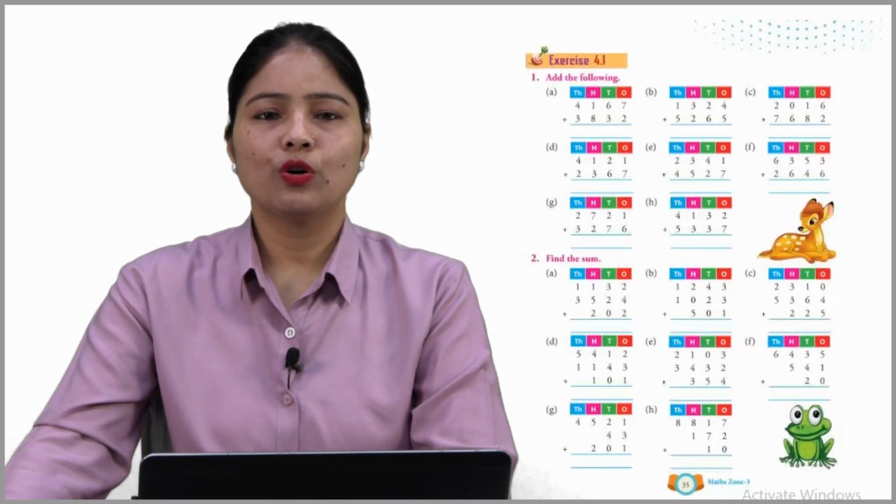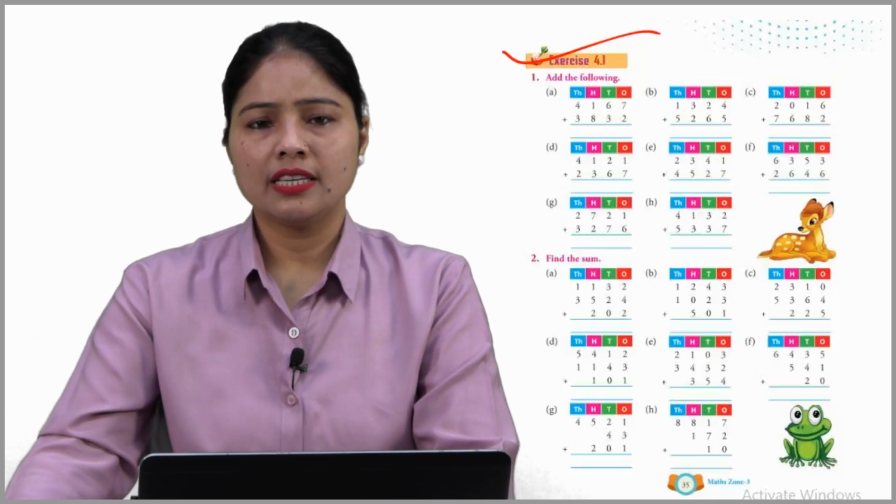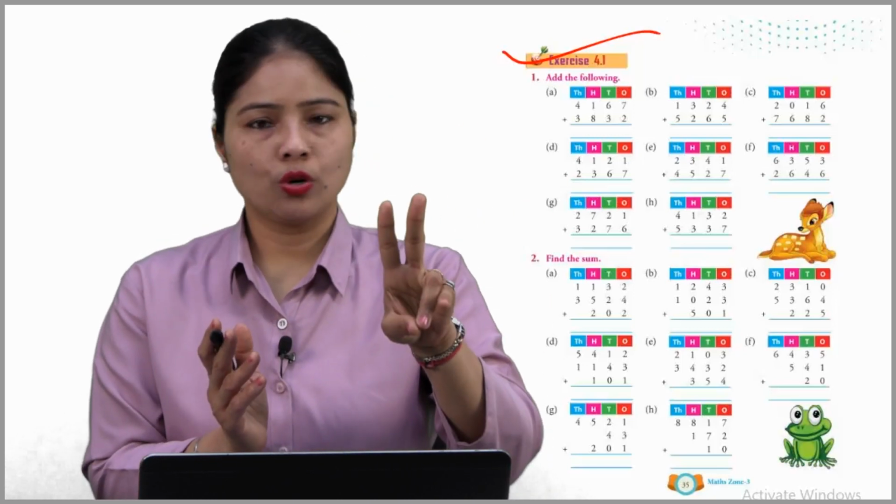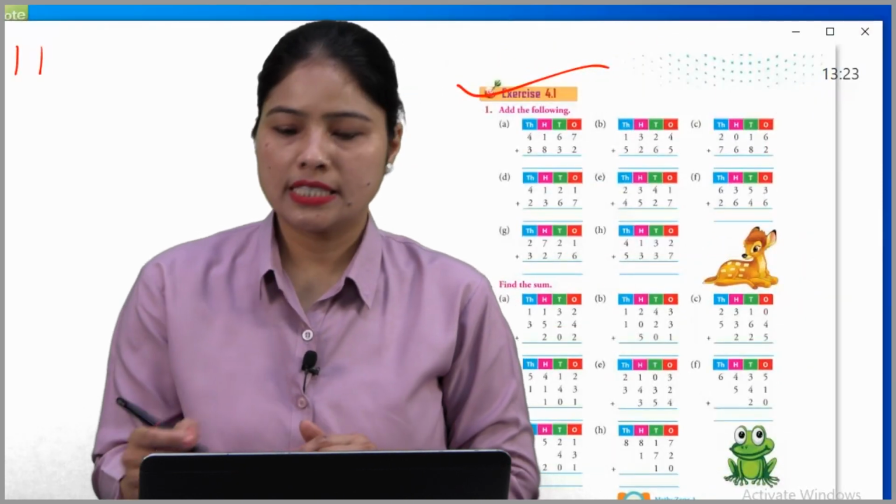Okay, now move on to exercise 4.1. Okay, add the following. 4167 and 3832. So start with ones place. If you add 7 and 2, 7 is the bigger number, so keep that number in your brain, and count 2 on your hand, or you can just write it like this. So 7 and 2 is 9.